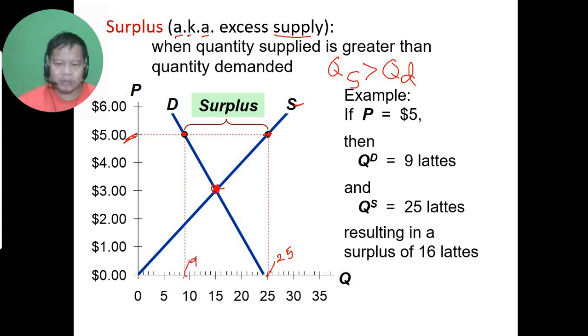This is 9 quantity demanded. So there is a difference, a surplus of 16, because 25 were supplied and only 9 were needed. So there is a surplus of 16, no?